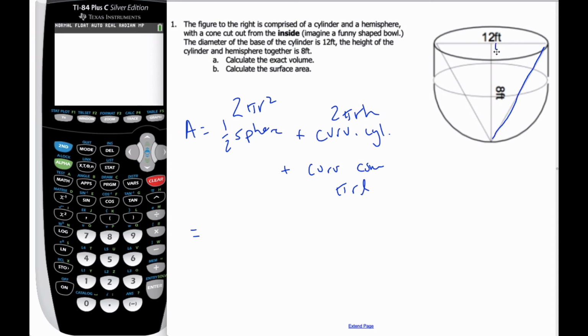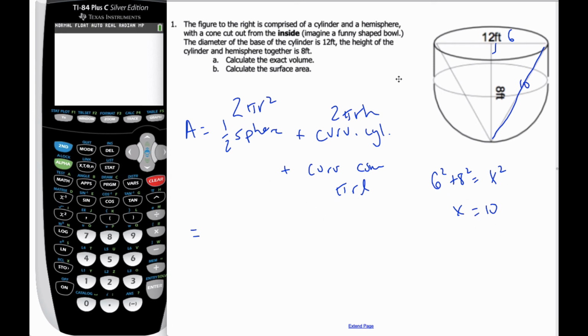Finding that l, we remember that this is still 6, and so to find this I use the Pythagorean theorem. If I say 6 squared plus 8 squared is equal to, let's say, x squared, if you go through and do it quickly, you'll find out that x is 10. Don't take my word for it, go ahead and do it.